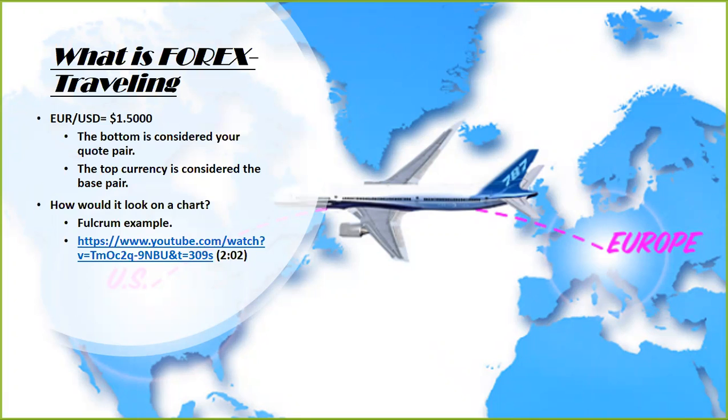So if you have 300 euros and you come to the US and you want to exchange that euro to US dollars, you go to the kiosk and you exchange the 300 euros, and the current exchange rate will determine the amount of money you'll get. So let me just pull up a drawing board real quick.